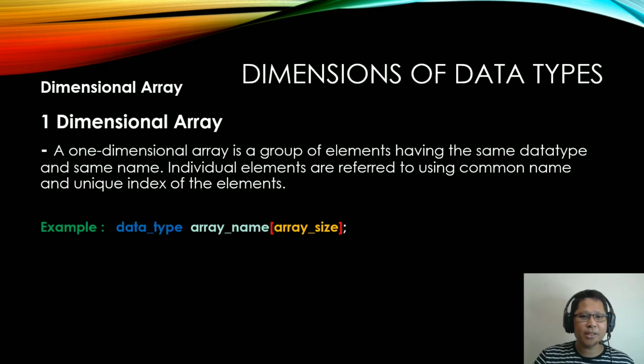For example, here we have the data type, followed by the array name, and then the array size. So for example, int array, and then the array size is 10. Okay. So this is a one-dimensional array.